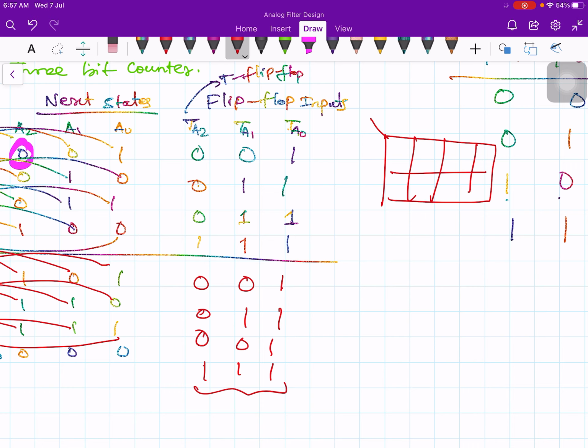Okay, function of the present state A, B, C. Sorry, I changed the notation. Let's say A2, A1, A0. Here I am denoting the flip-flops by A2, A1 and A0.